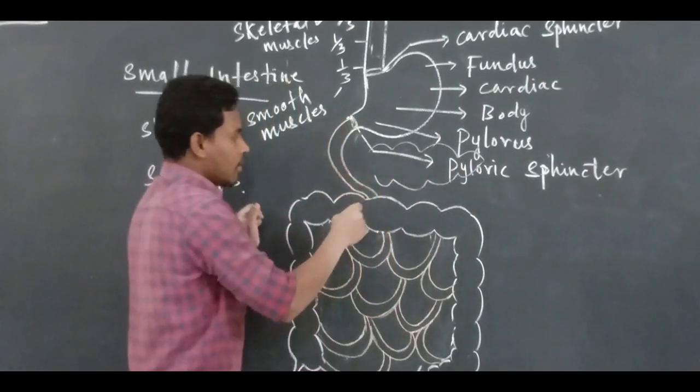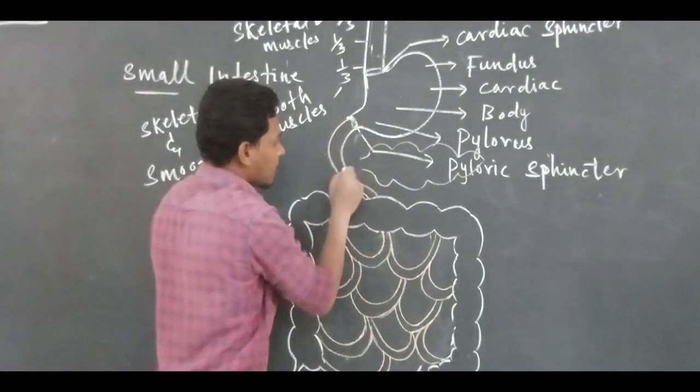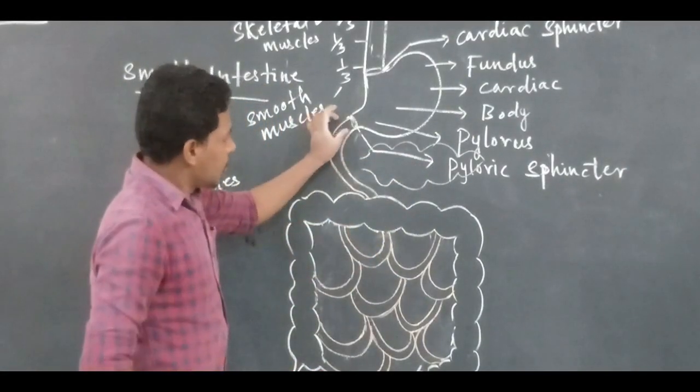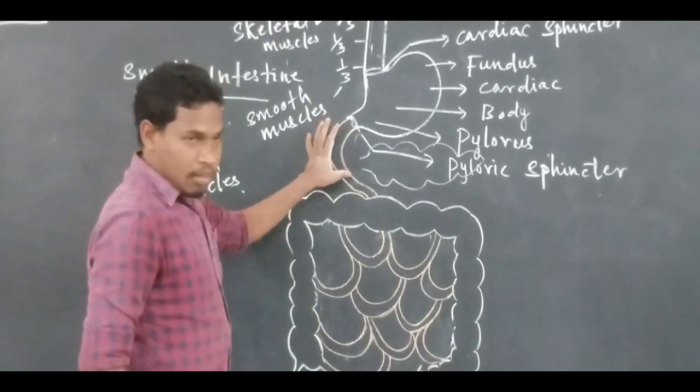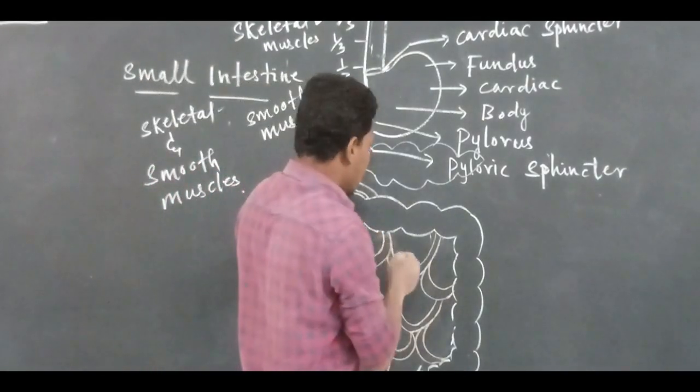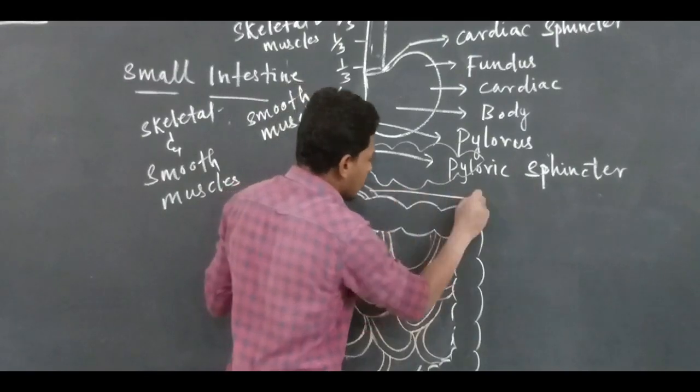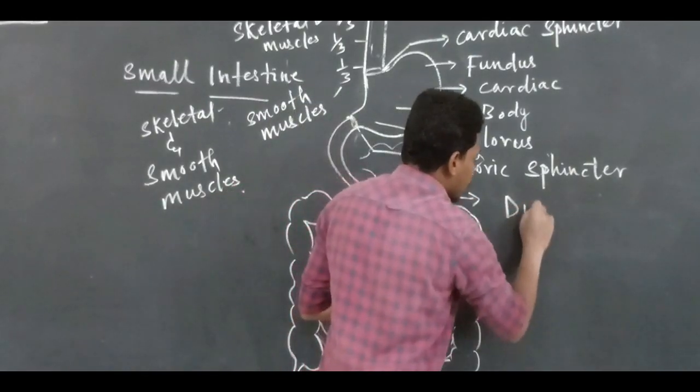The first part of the small intestine is known as duodenum.